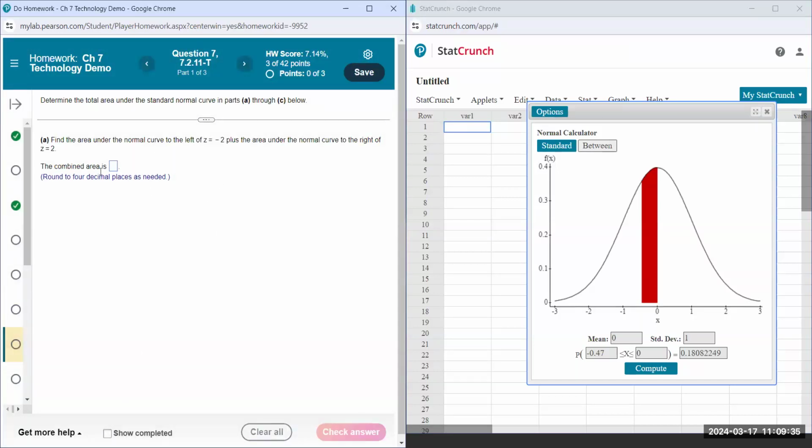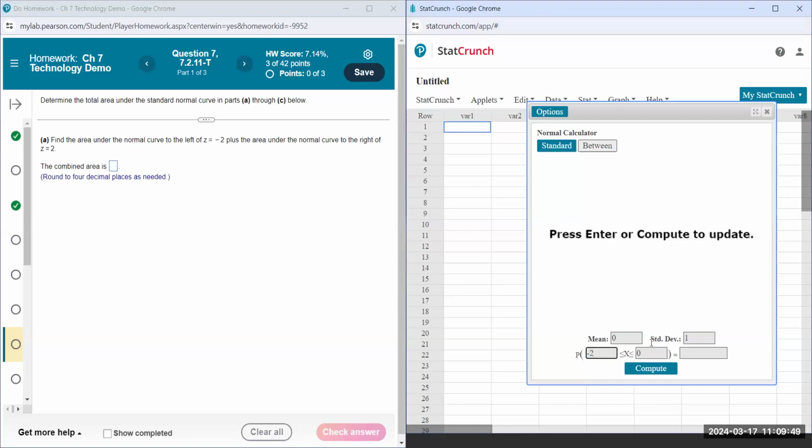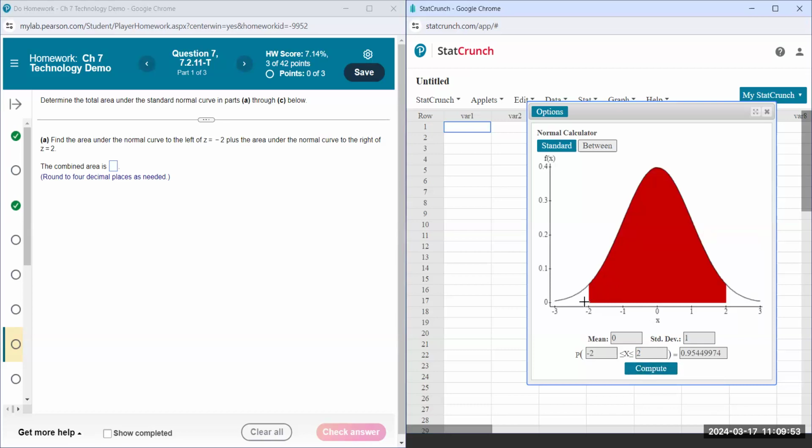Question 7. Find the area under the normal curve to the left of -2 plus the area to the right of +2. Now, if you just put -2 here and +2 here, it gives you the area between, but we want the area to the left of -2, which means below -2, and to the right of +2, so above. So we actually want this white area, and what this is giving us is the red area.